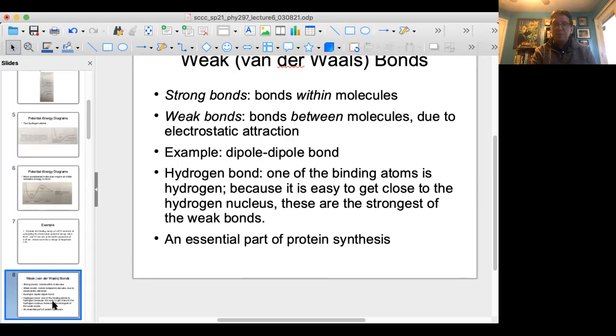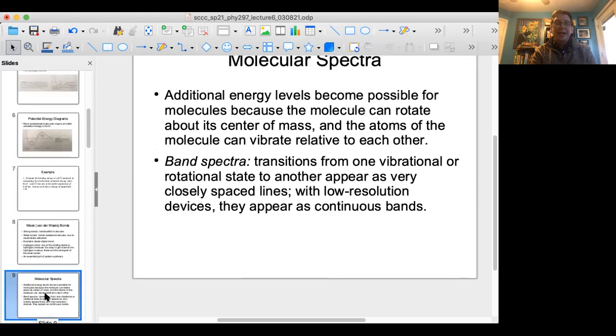And that's an essential part of protein synthesis. So we're bringing biology as well as chemistry into this. And you can see that a lot of that has to do with quantum mechanics. So with molecules, additional energy levels become possible because the molecule can rotate around its center of mass.